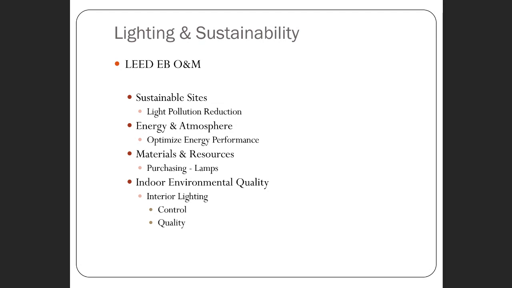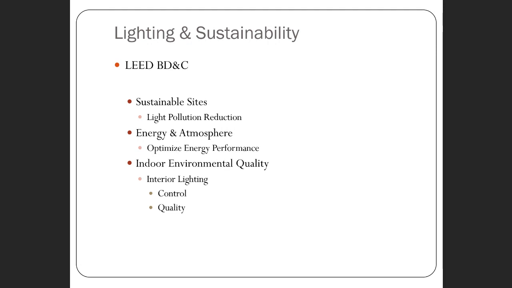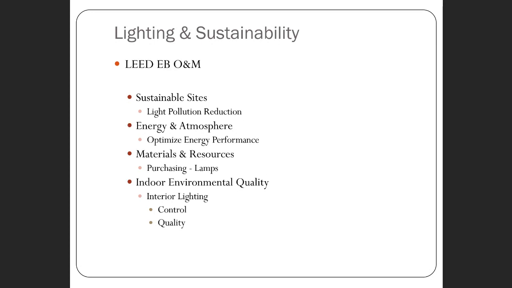Again, in EBOM, or operations and maintenance, right? Again, BD&C is design and construction of new or major renovations. O&M is operations of existing buildings, right? Some of the same things will apply: light pollution reduction, energy performance.